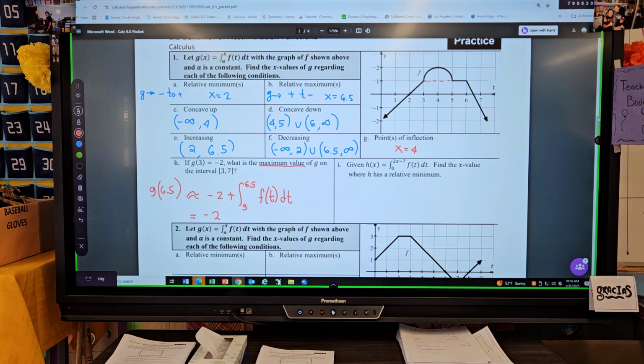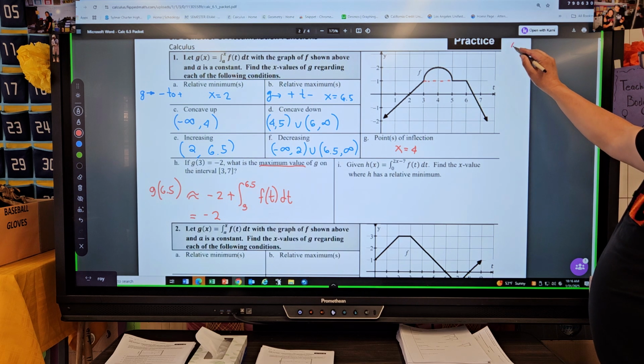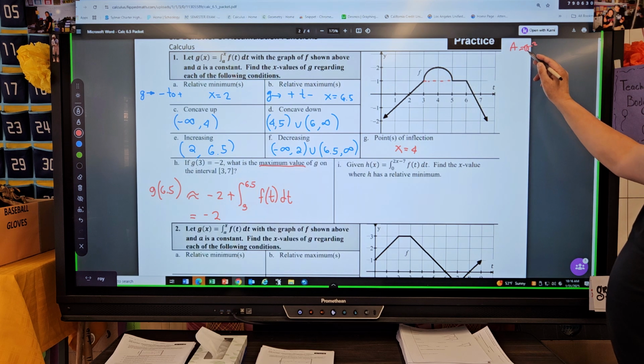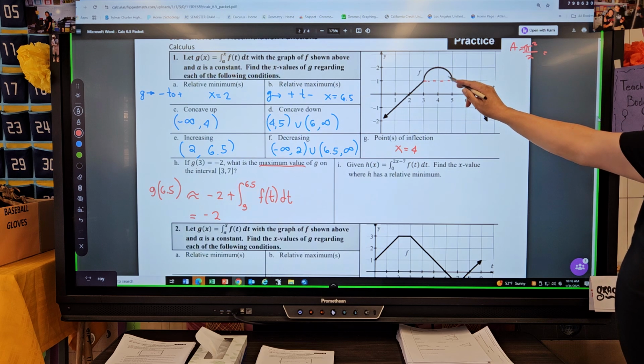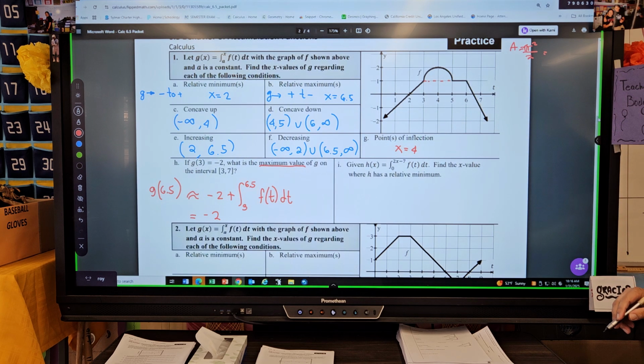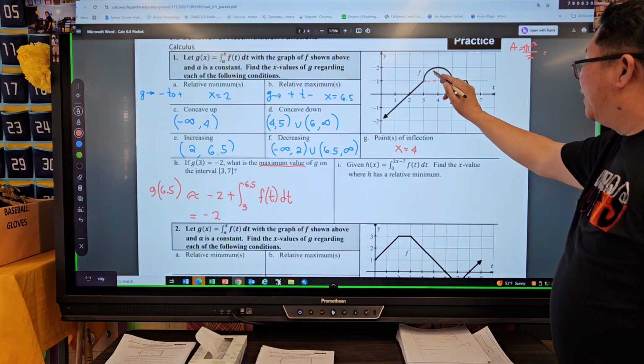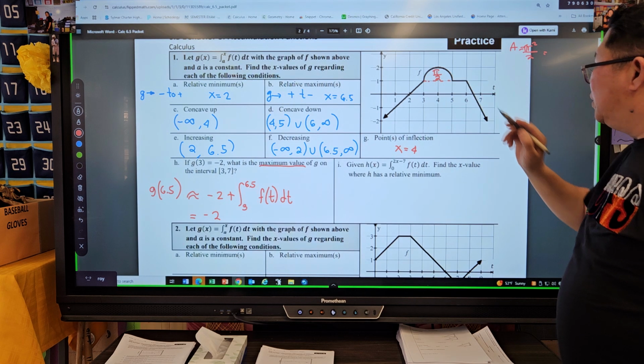So what is the area of a semicircle? The area of a circle is pi r squared, right? But this is half, so you divide also by 2. And what is the radius? The radius is 1. So 1 squared is 1 times pi, so therefore the area is just pi over 2. Good boy, Anthony.